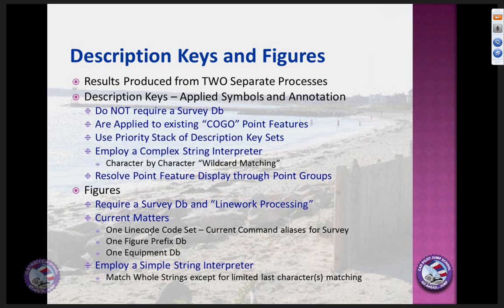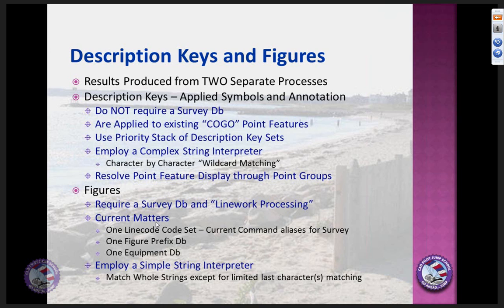You only get one current line code set, one current figure prefix, and one current DB. But if you're processing multiple types of data out of different pieces of equipment, survey embraces the idea of adding this stuff together into multiple networks, combining networks, and dealing with that in a sequential manner to deal with all those issues. So survey is much more able to deal with a lot of kinds of data from a lot of kinds of employees and process it differently based on that.